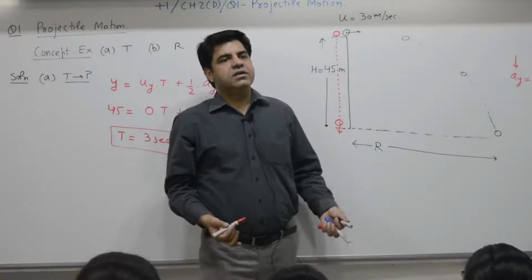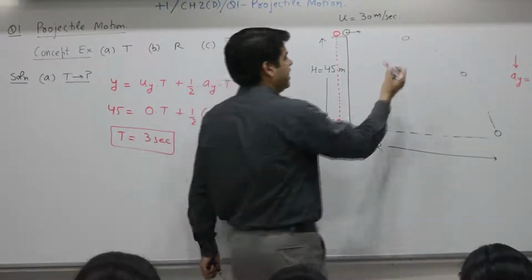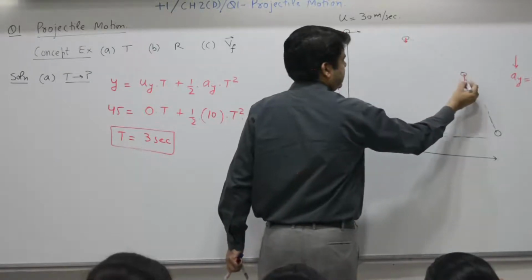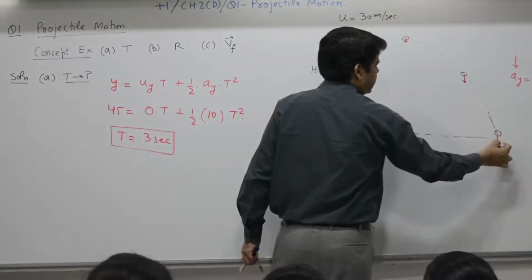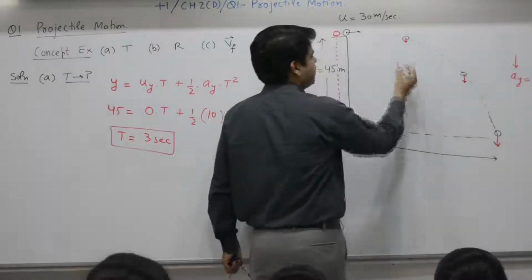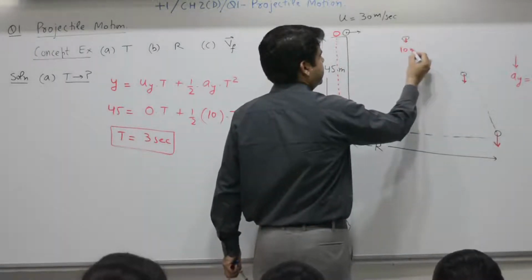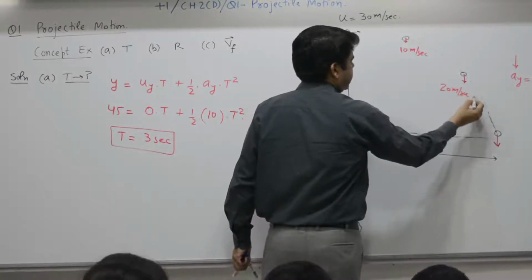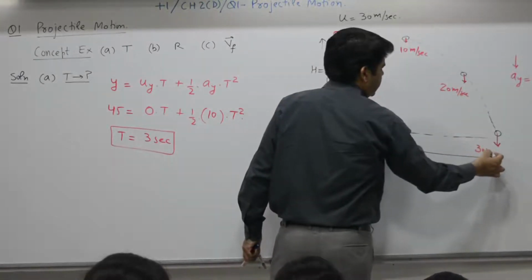Every 1 second vertical component changes by 10. Am I right? Vertical component is 10 meter per second, 20 meter per second, and this is 30 meter per second.